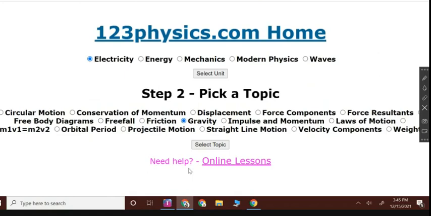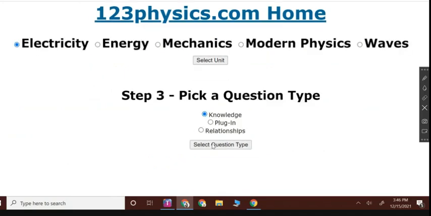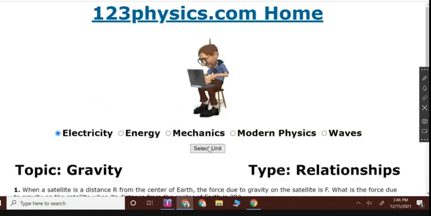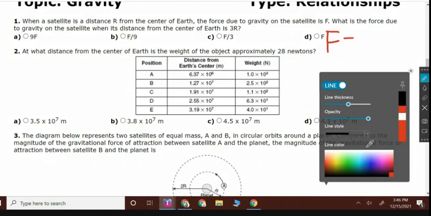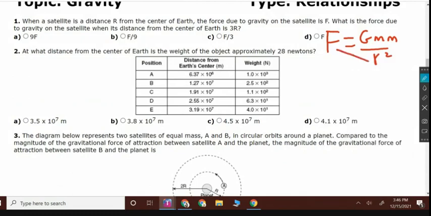Could we go over a gravity problem? Sure. I really like the relationships, and the Regents likes them too. A satellite is a distance r from the center of the Earth, and the gravity is F. What if you triple the r? Gravity is G m1 m2 over r squared, so it's an inverse square relationship.